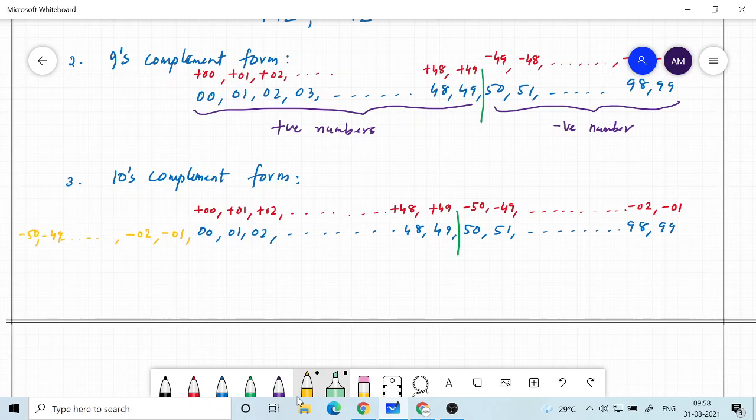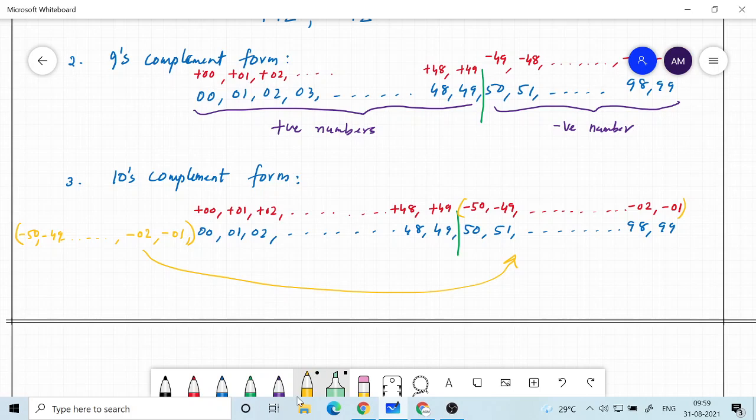So this is the number line. What essentially we are doing is taking this part and putting it here. So entirely we are taking that part and putting it here on the right side. So that is the mapping.